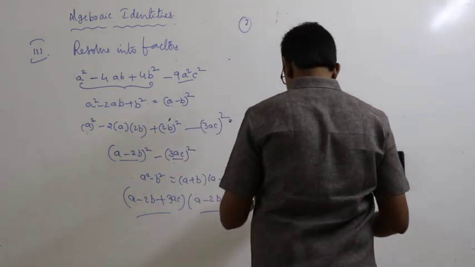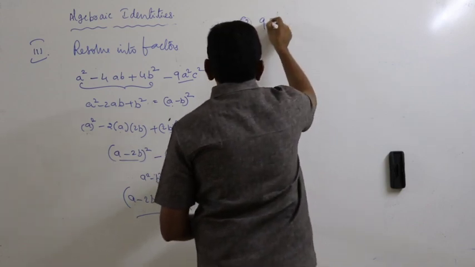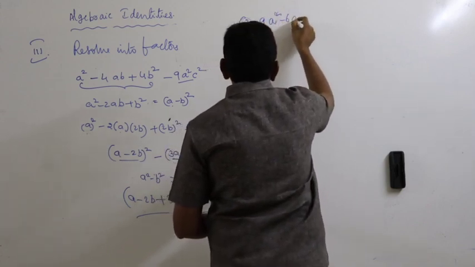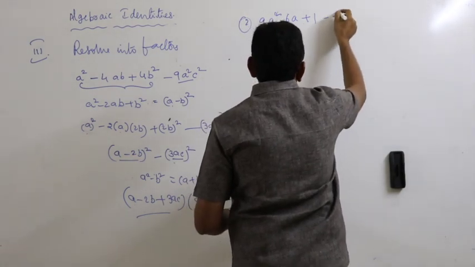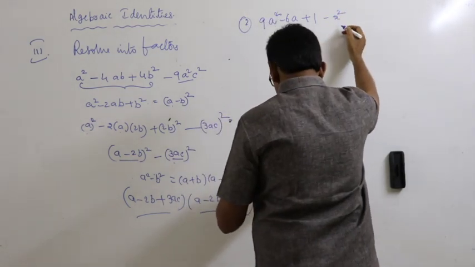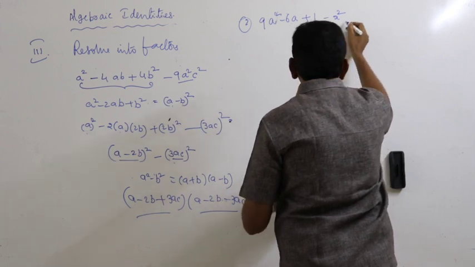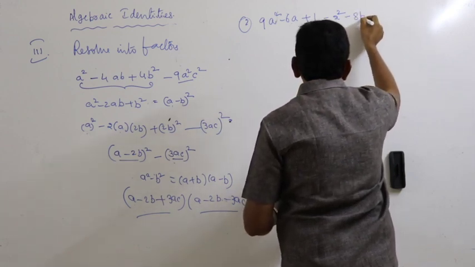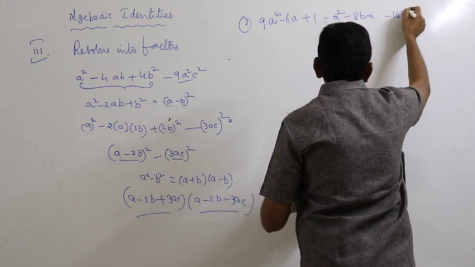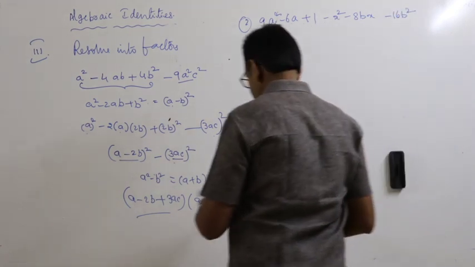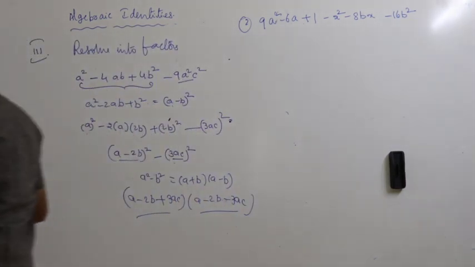Next one, 9a square minus 6a plus 1 minus x square minus 8bx minus 16b square.